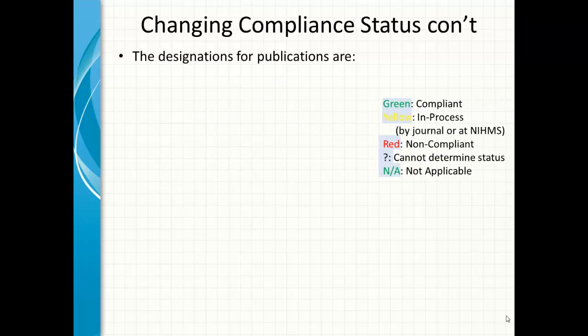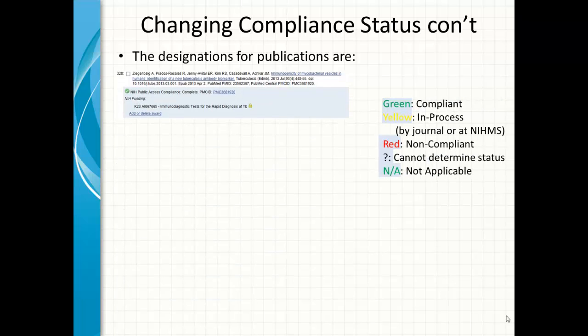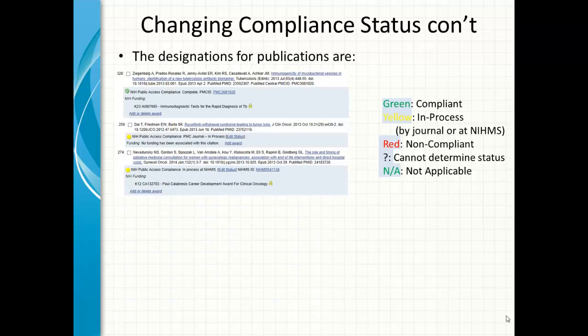So the designations are: compliant, and you get the green check mark. In process, which can be either of two things: PMC journal in process, that's method A, or in process at NIH-MS, which means the author probably submitted.